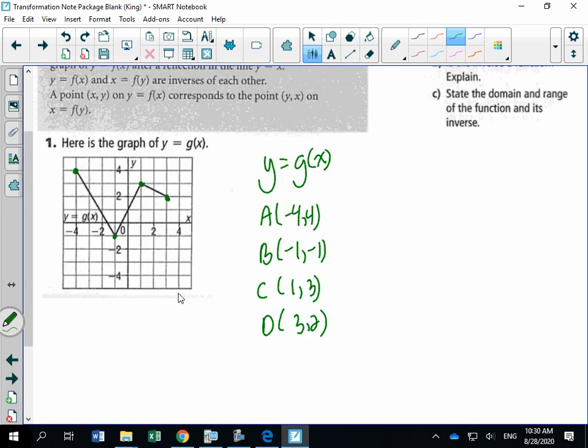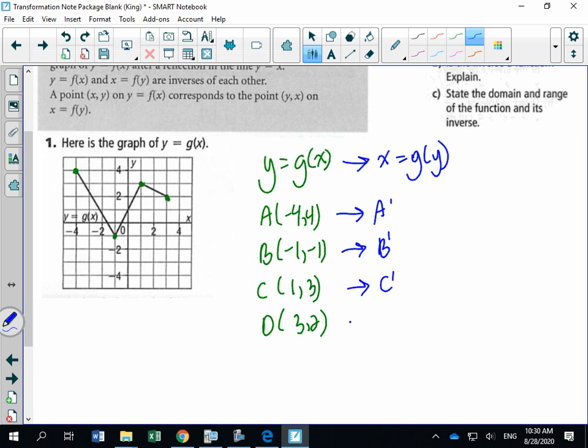Okay, the inverse of that function is going to be x is equal to g of y, sorry. And the inverse points, A prime, B prime, C prime, and D prime, are going to be 4 comma negative 4, negative 1 comma negative 1. So that's going to be my invariant point.